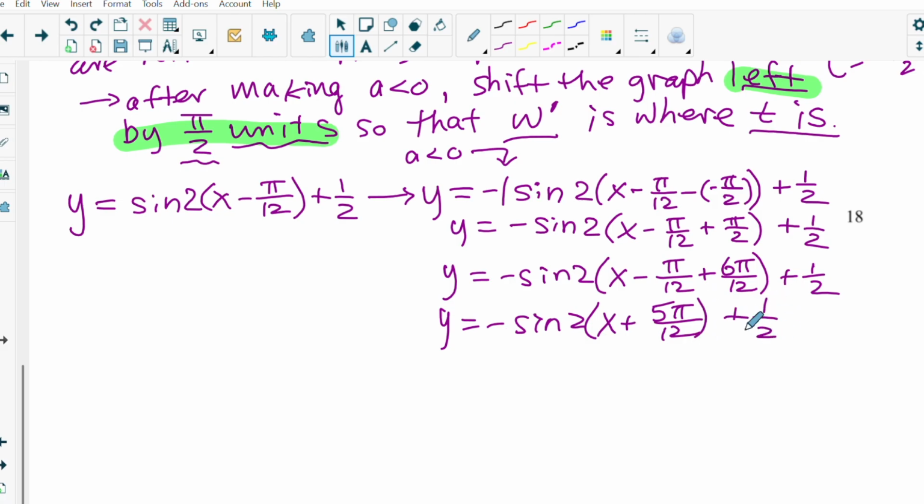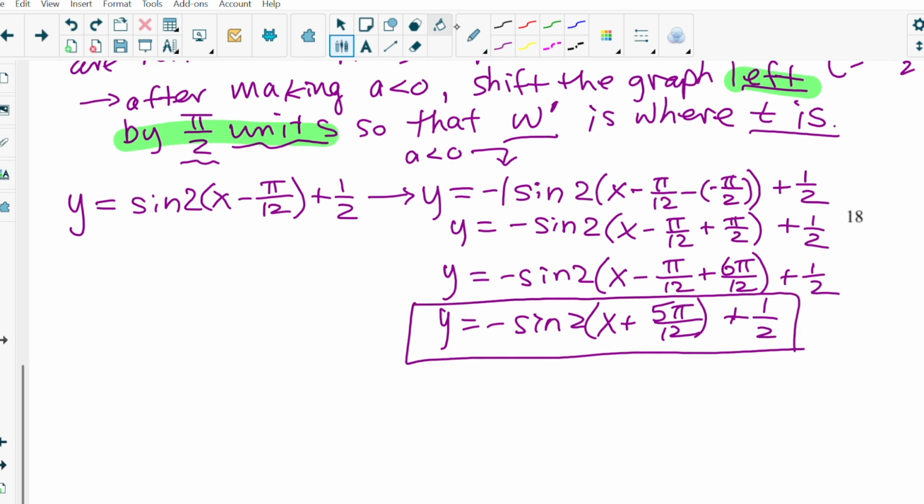That's plus 5 pi over 12 plus 1/2. Okay, and that is our equation for the sine function when a is less than 0. Okay, that's the first one.